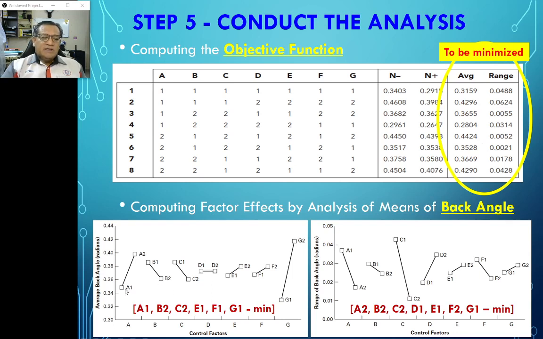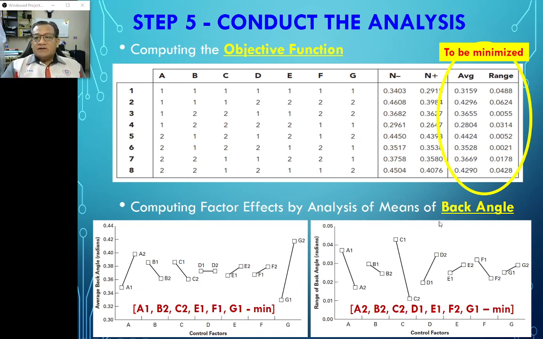So now you are measuring A1, A2. A1 is minimum, A2 is maximum, B1, B2, this is maximum, minimum, C1, C2, D1, D2, E1, E2, F1, F2 from this factor, minimum, maximum, and G factors. So this is minimum and maximum.